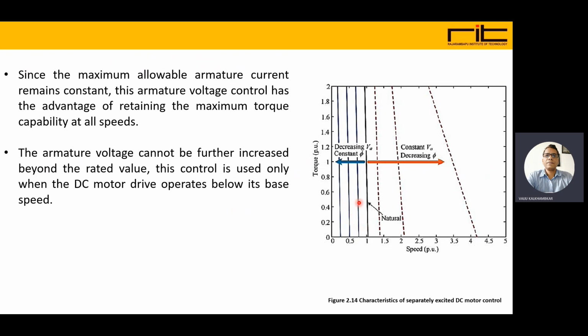So here we can see this is the natural or base speed. At constant flux, we are decreasing voltage, so you can get the speed below the base speed or the rated speed. But here you can see we are keeping constant voltage and decreasing flux, we can go above the natural or rated speed, at higher speeds.